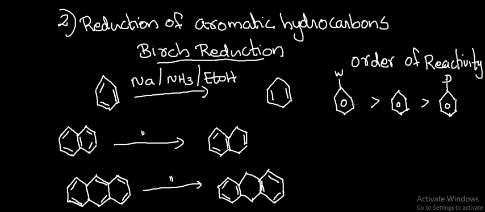When aromatic hydrocarbons are substituted with electron withdrawing substituents, that is represented by W. When it is substituted with electron donating substituents, that is represented by the letter D. Then here the order of reactivity is electron withdrawing substituent greater than normal benzene greater than electron donating substituents.